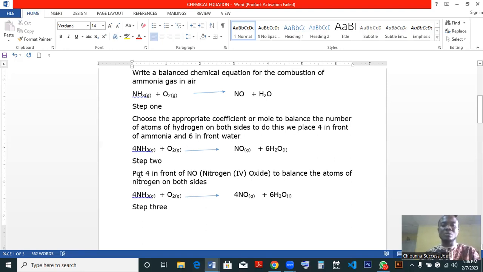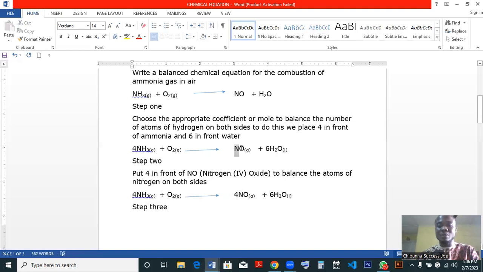Now coming to step 2: put 4 in front of nitrogen monoxide to balance the number of atoms of nitrogen on both sides. Like I said before, this 4 multiplies the whole element. What it means is that we are now having 4 atoms of nitrogen on one side, and here we are having 1 atom of nitrogen.